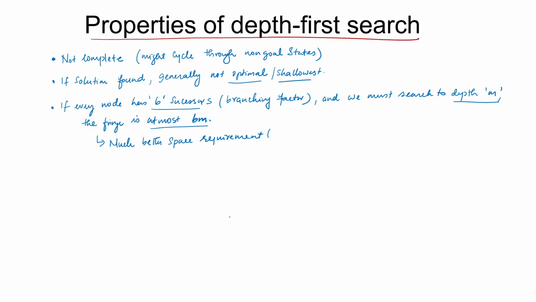Number two, in many cases you do not even need to store all of the fringe, because if you are implementing by recursion, then you do not need to store many things at all.